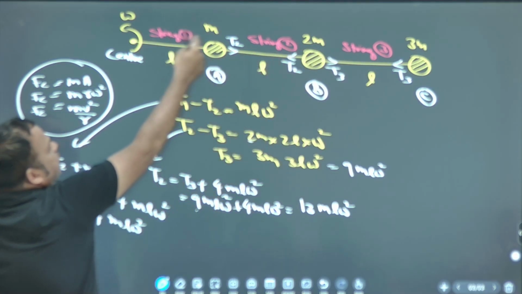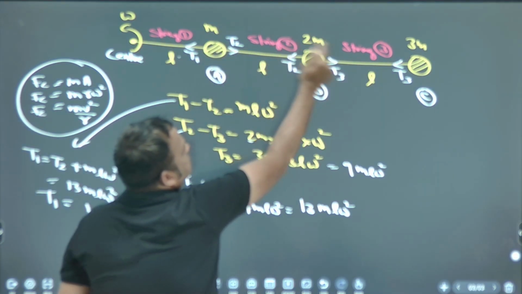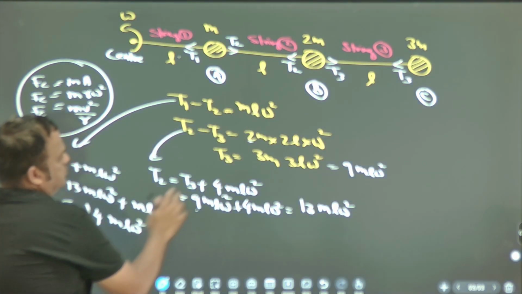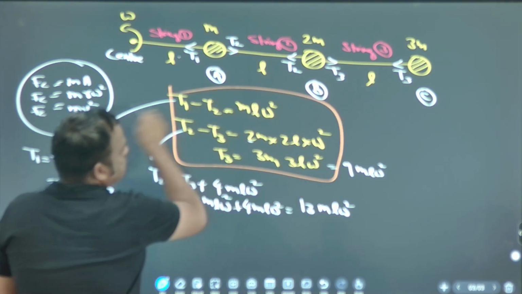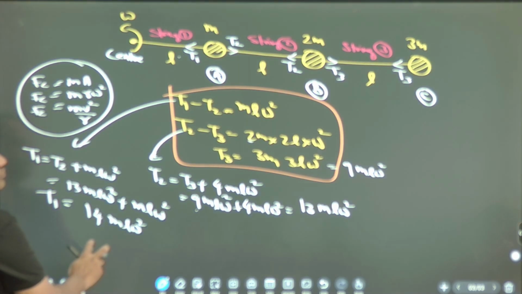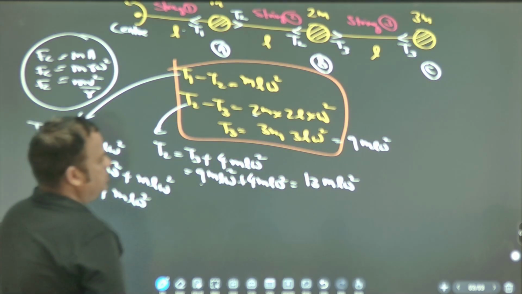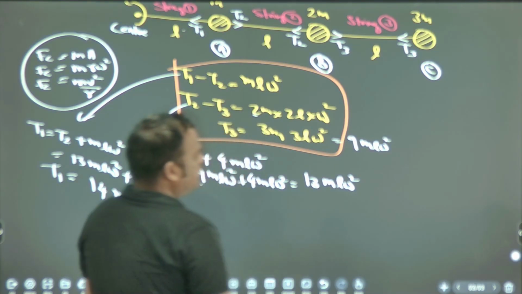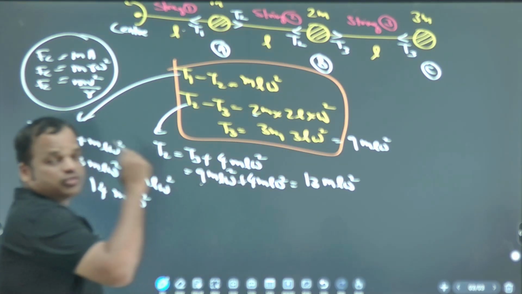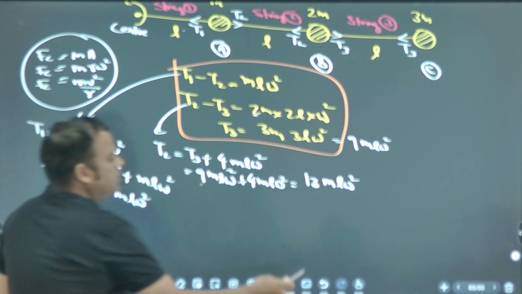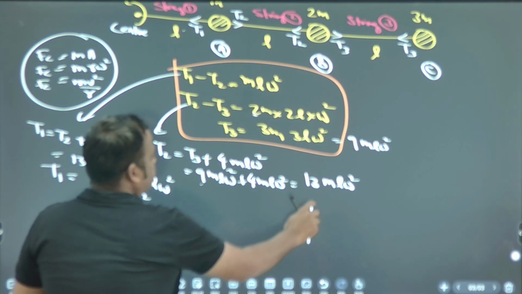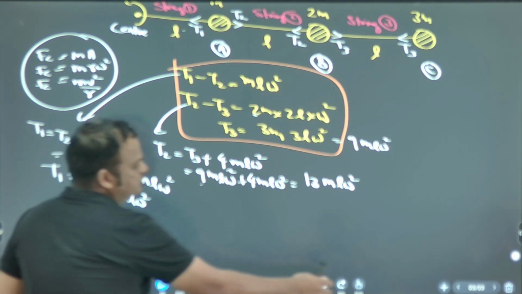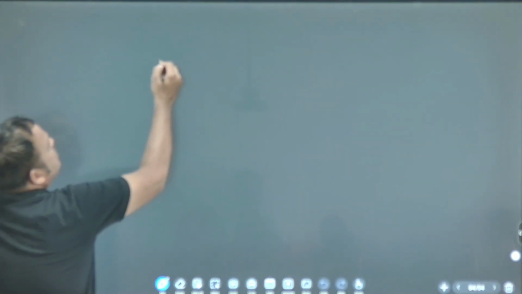So for ball 1, T1 minus T2. For ball 2, T2 minus T3. For ball C, T3. Okay, these are the equations. So that is string and ball. In horizontal, what type of circular motion? Horizontal circular motion. And uniform or non-uniform? Uniform.